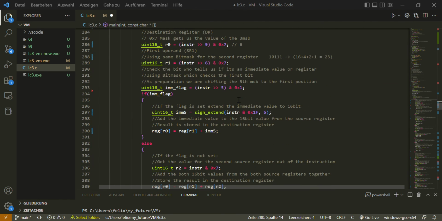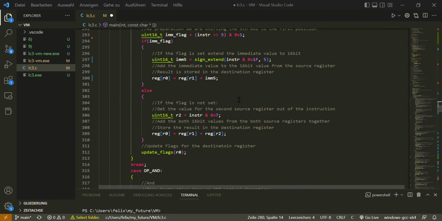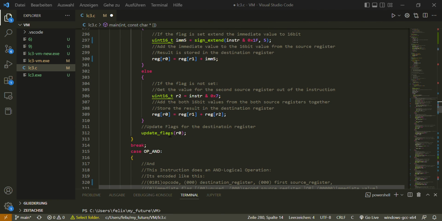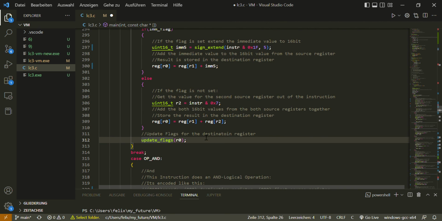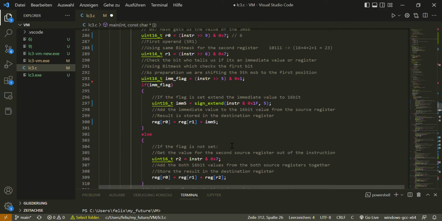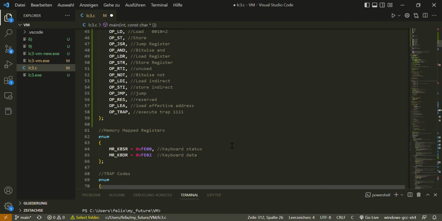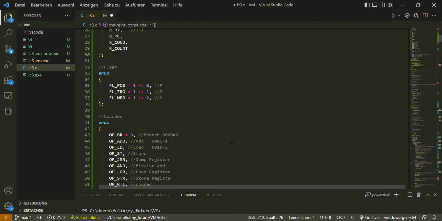As mentioned before, we have our flags and the condition register. And here we have a function update flags for the value out of the destination register. The flags just give us information about the result of the last instruction, of the last operation.